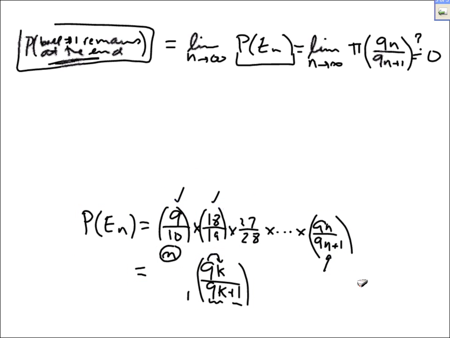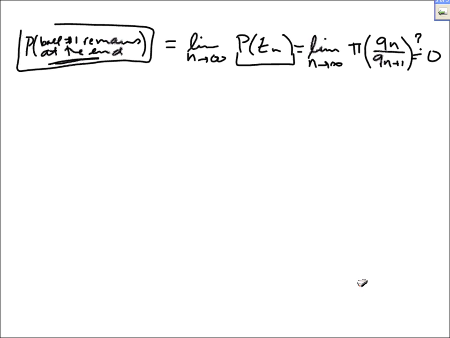And like I said earlier, there is absolutely nothing special about ball number 1. If ball number 1 doesn't remain, well, wherever you see 1 in this proof, put 2 or 3 or ball number 98. It won't be there. So now probability is kind of done. I need to show that that product is 0. And once I do that, I'll be okay.